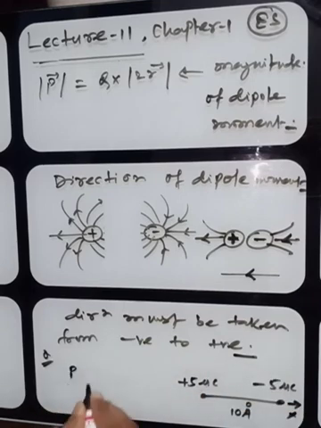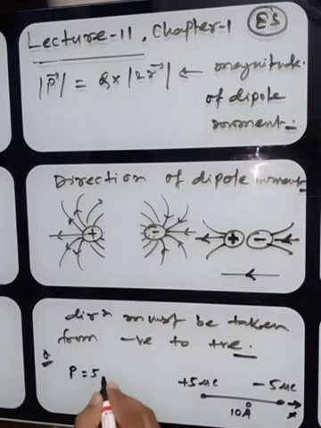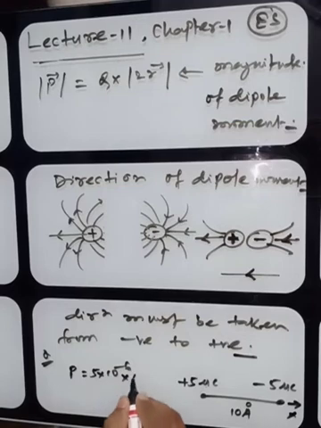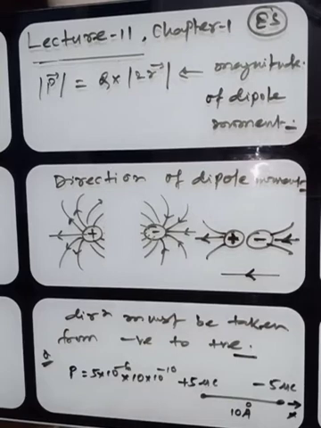and magnitude. The magnitude will be q, it is 5 times 10 to the power minus 6, into the separation between these two charges, 10 angstrom, 10 to the power minus 10. Okay, what will be the SI unit? Since it is q times r, that is the coulomb meter.